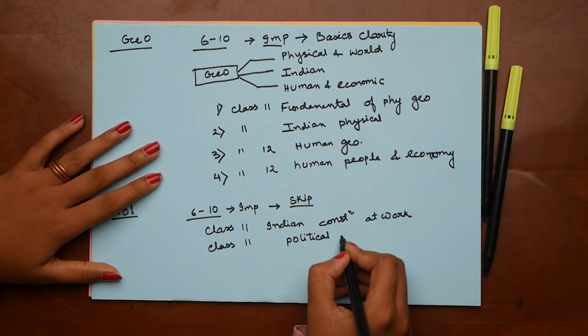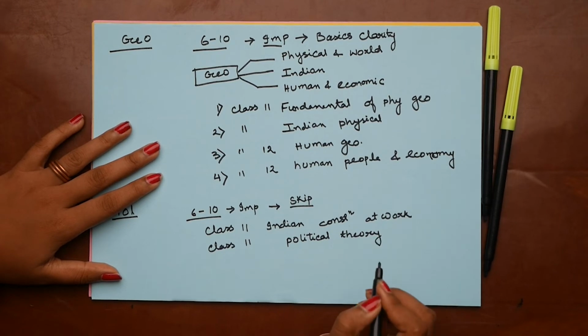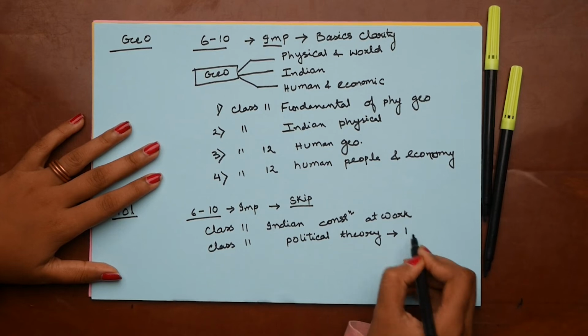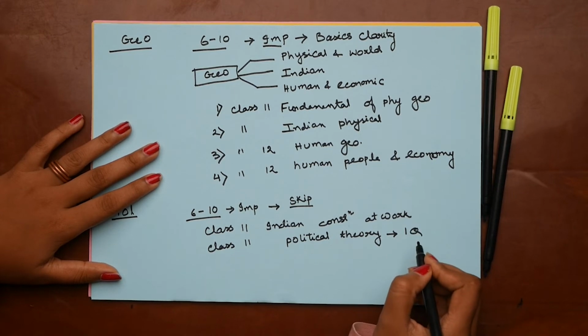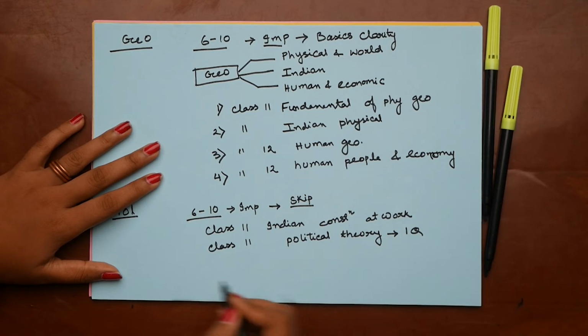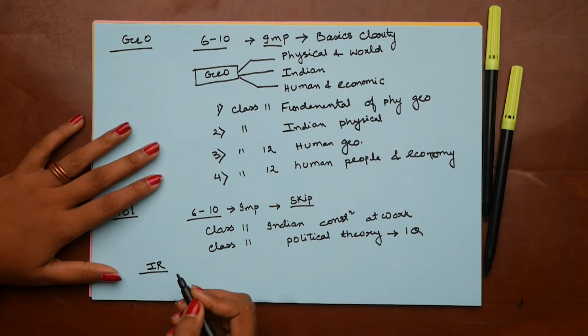These 2 books suffice for your polity. Political Theory is very important right now because in recent times, questions related to political theory are usually asked in prelims by UPSC.